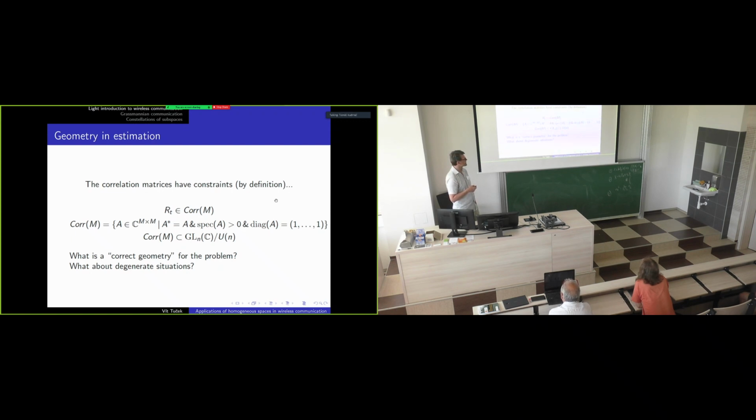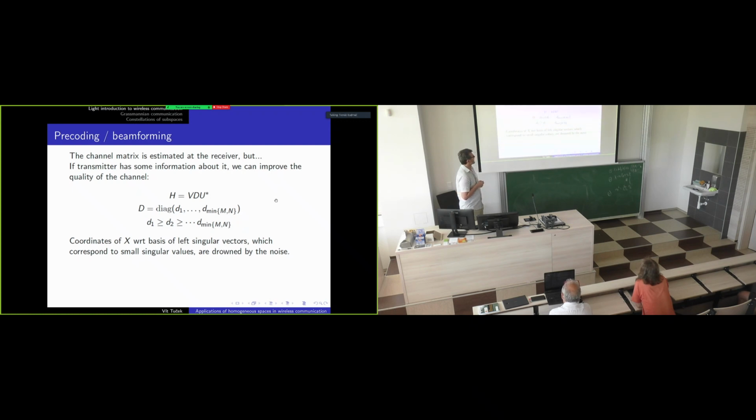What is the correct distance with which to calculate the interpolation? And in some situations, you can consider degenerate cases. For example, when you have some kind of occlusion, the signal is blocked by a building, then the correlation matrix is not of full rank, so you can look at the boundaries of this space, and there is lots of interesting stuff happening.